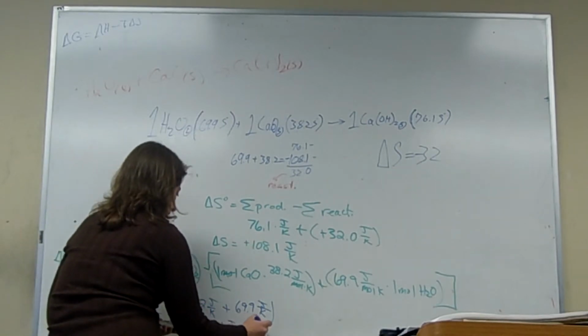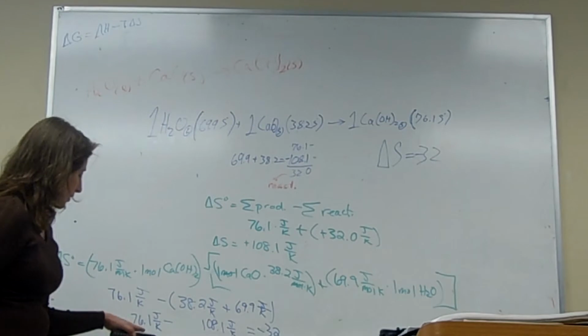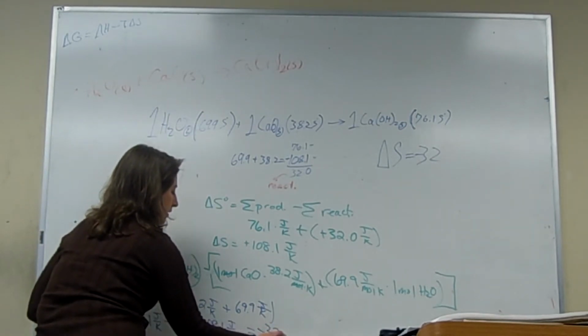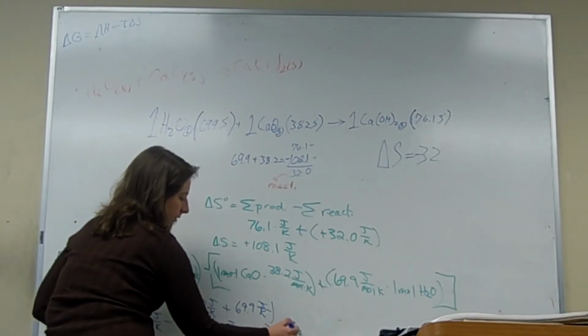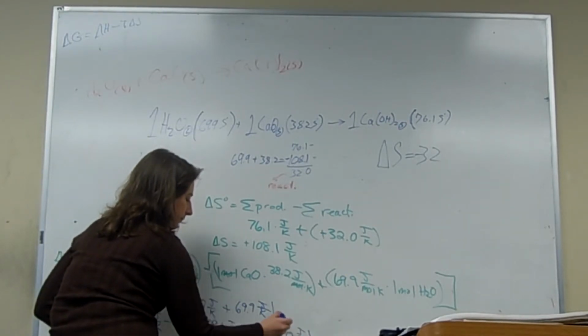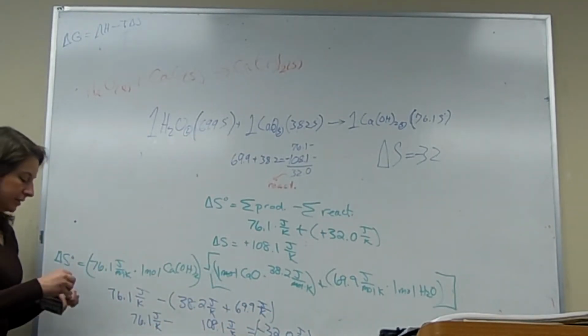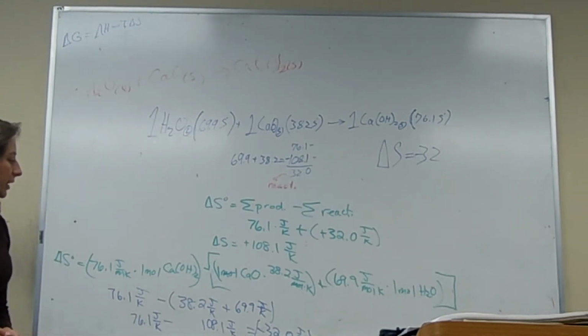Now I have to think through significant figures, because my calculator just gives me 32, but I can see significance in the tenths place, so I need to keep a tenths place even if it's a 0. Joule per Kelvin. So, my entropy is negative, is that what I expected? Yes. So I get negative 32.0 joule per Kelvin.